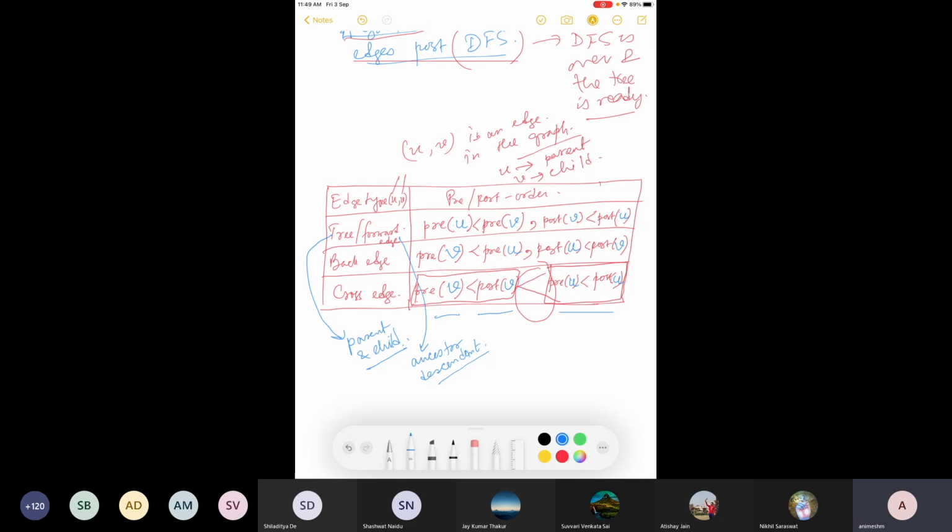Similarly here, they are two different parts in the graph and their subtrees do not overlap. So that means either this part has been done and then this part has been done, or the other way around. They cannot be interleaved like in the previous two.